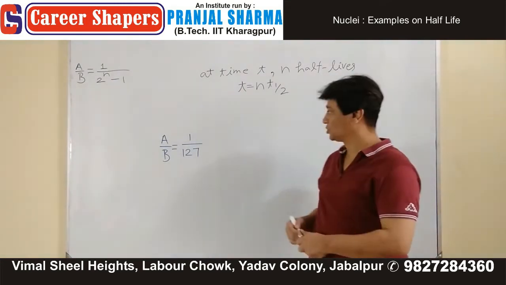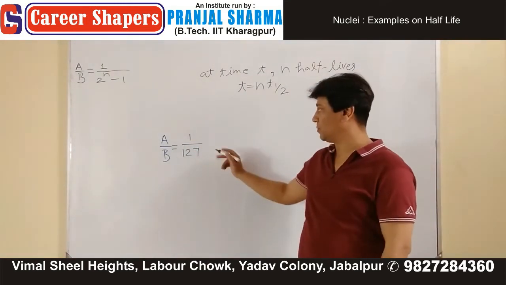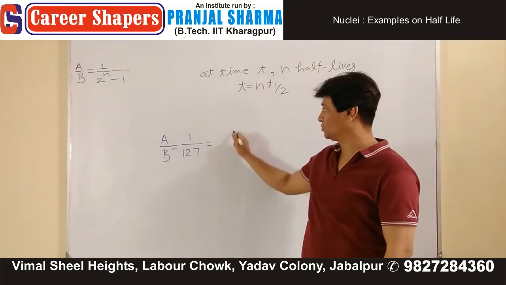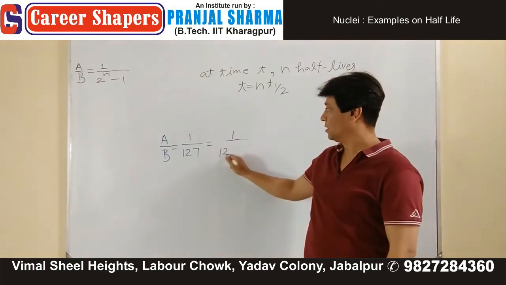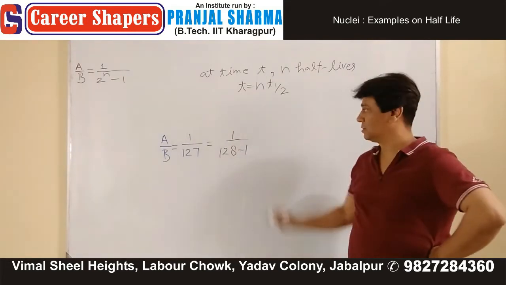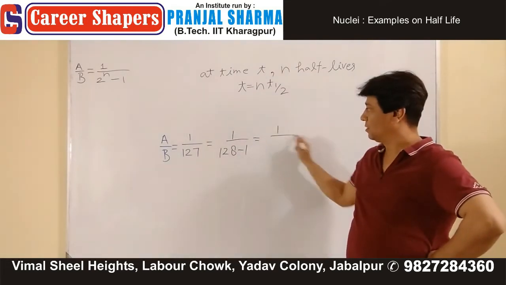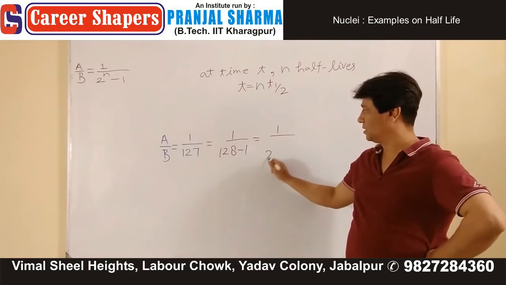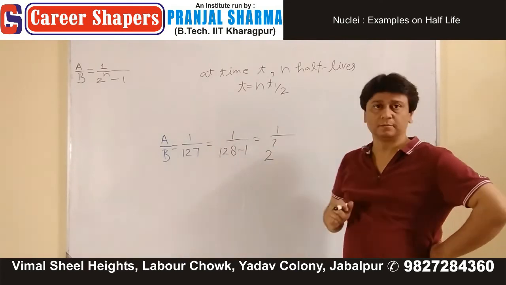So, if I ask you at what time ratio will be 1 upon 127, what is 127? 128 minus 1. What is 128? 2 to the power 7.